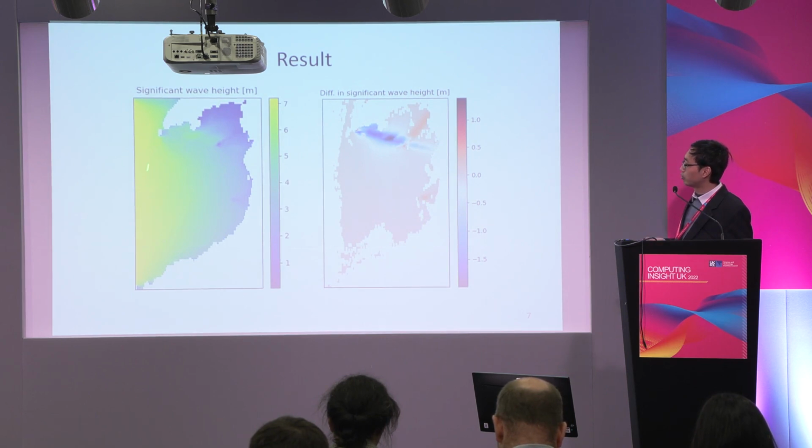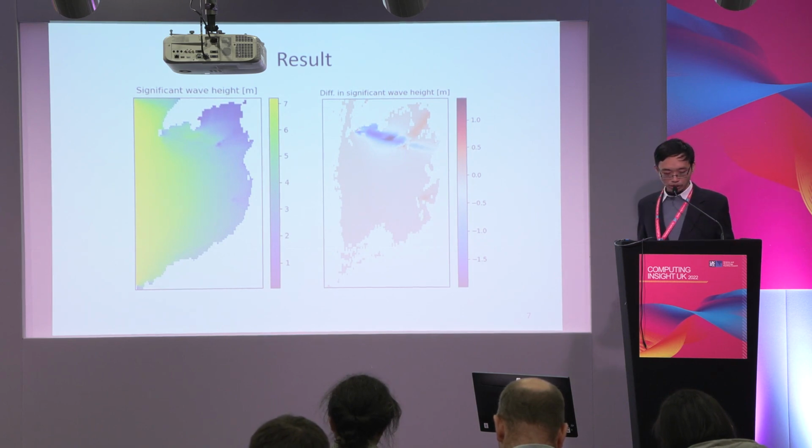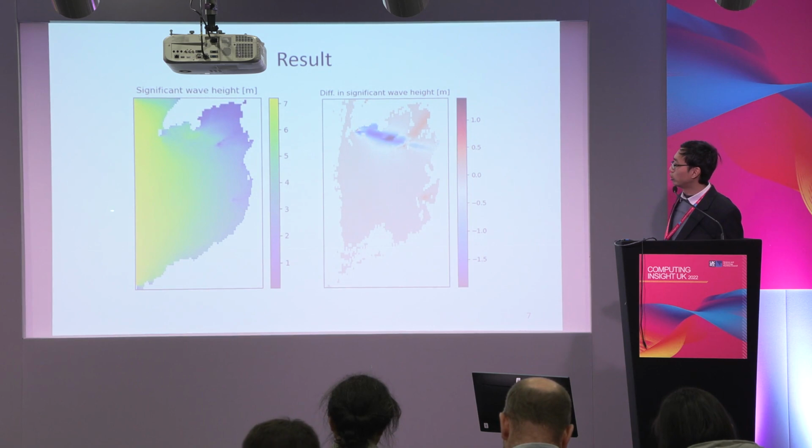You see, this is the most energetic region, and this is a region with very low wave. So we compute in two ways. One is to force the model with a time-varying wave height. The other is to compute with two steps using a hot start.